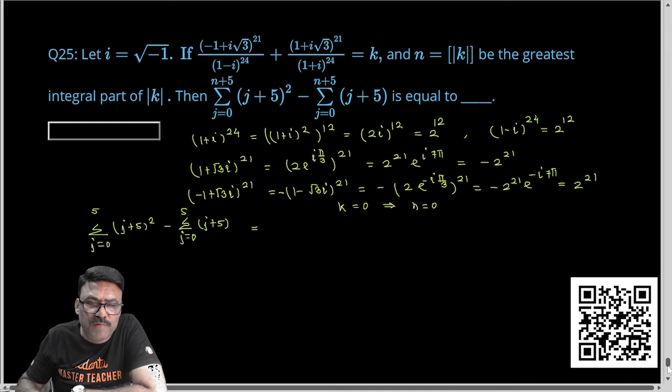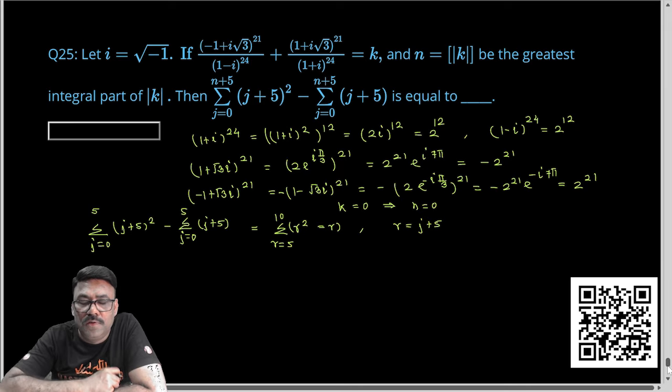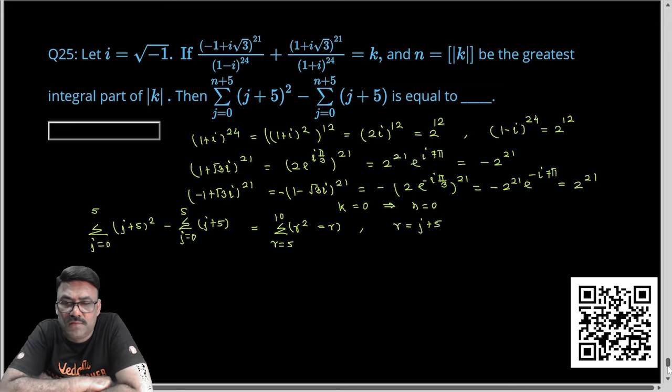Or you can put j plus 5 as r. R is j plus 5, and j starts from 0 till 5, so r starts from 5 till 10. So it can also be written as sigma r square minus r, varying from 5 to 10.